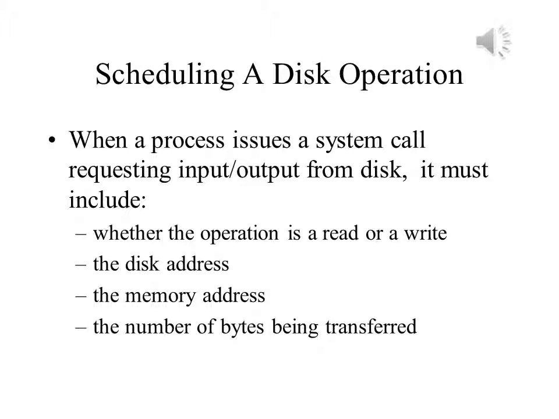When a process asks the operating system to perform input or output from a file on disk, there are several pieces of information that it must also pass along. The most obvious is whether it is a read or write operation. The disk controller must know the direction of the data transfer. It must also know the locations in memory and on disk to which and from which the data is being transferred.